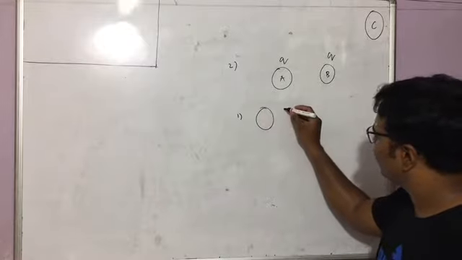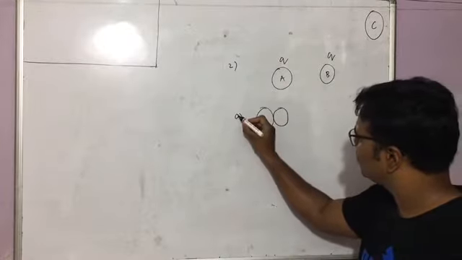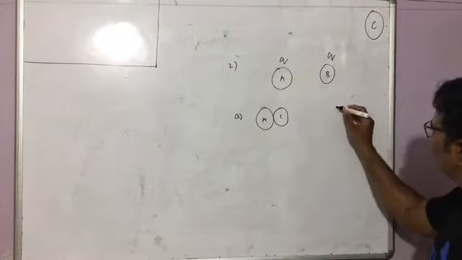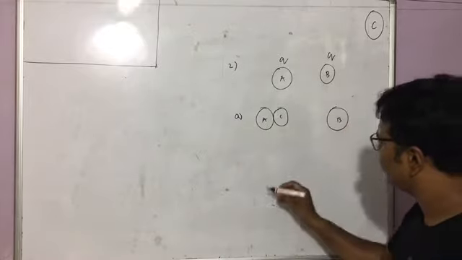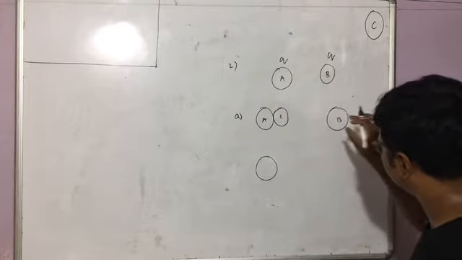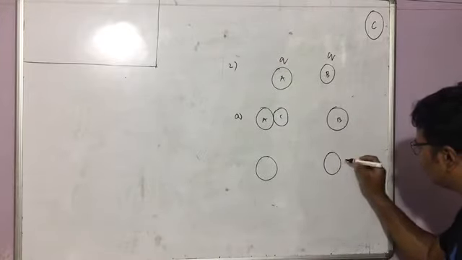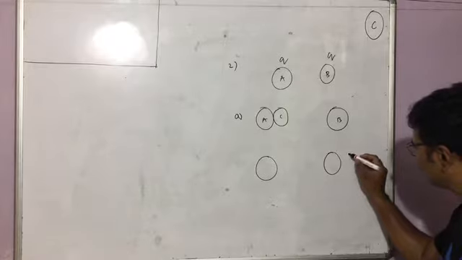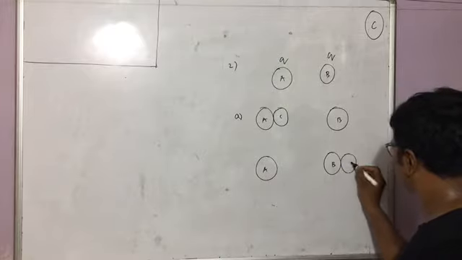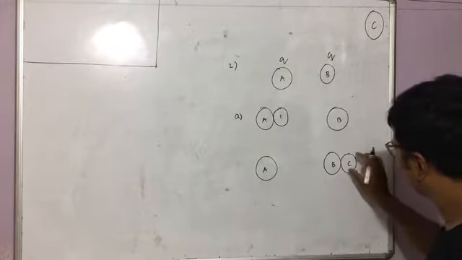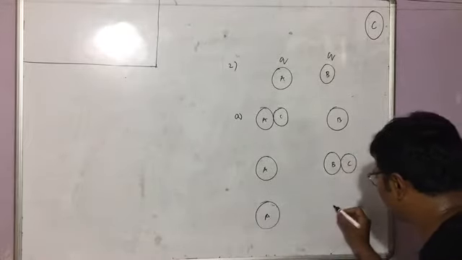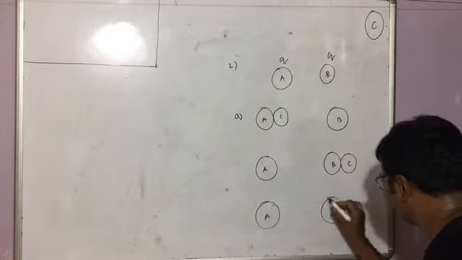I am bringing A and making a contact with C. Second, I will take C after this and make a contact with B. Then I took out C. Only A and B remain.